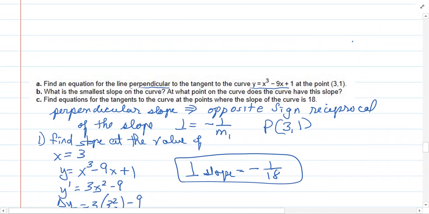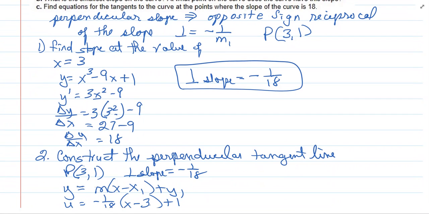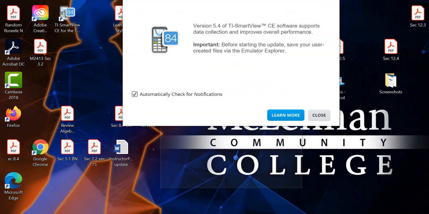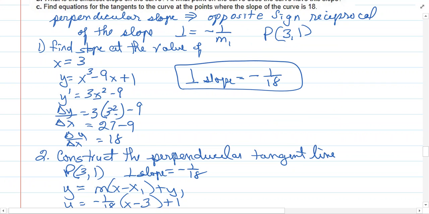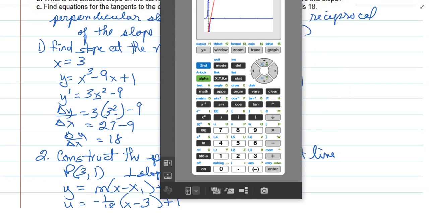Okay, now let's see. At what point on the curve does the curve have this slope? On what point on the curve? All right. So now I'm going to have to turn on my calculator, and I did not starting this lesson, and I'm sorry. But I shall get that up there. Let's see, I want to close that. Hold on. Here we go. All right.